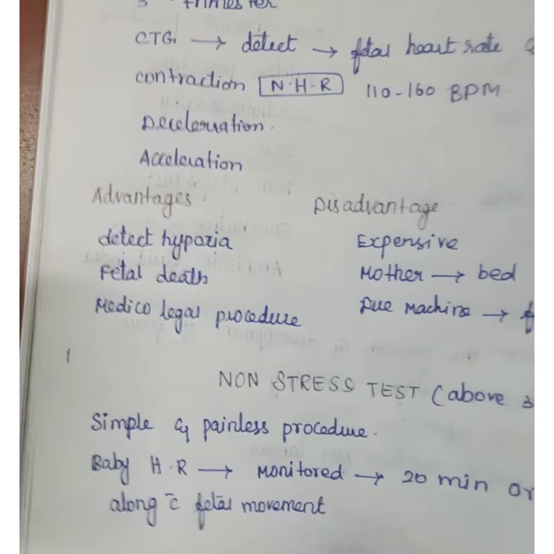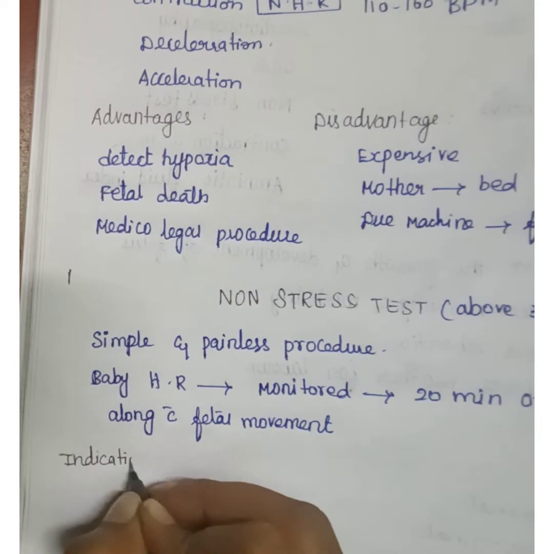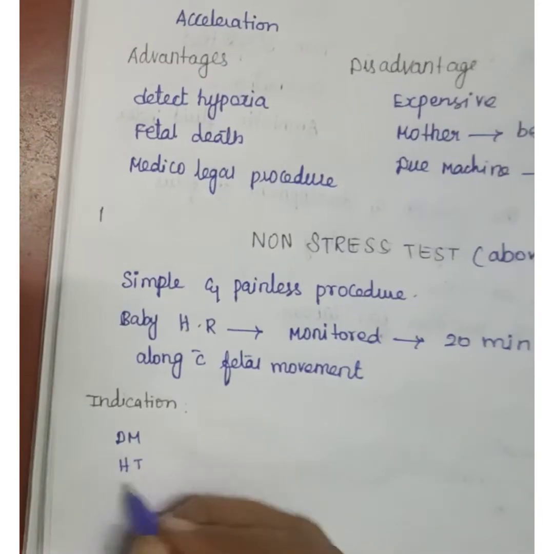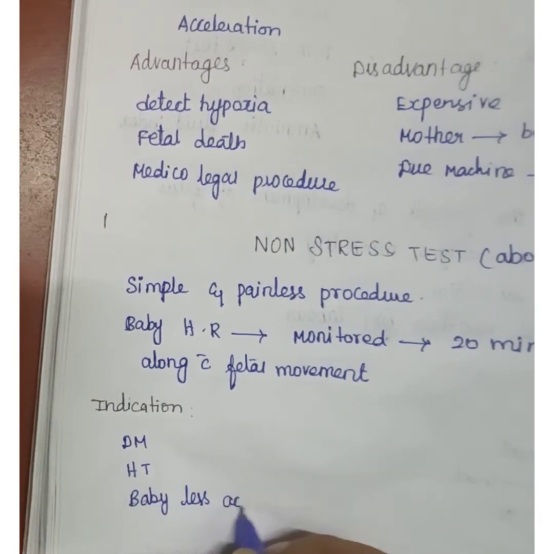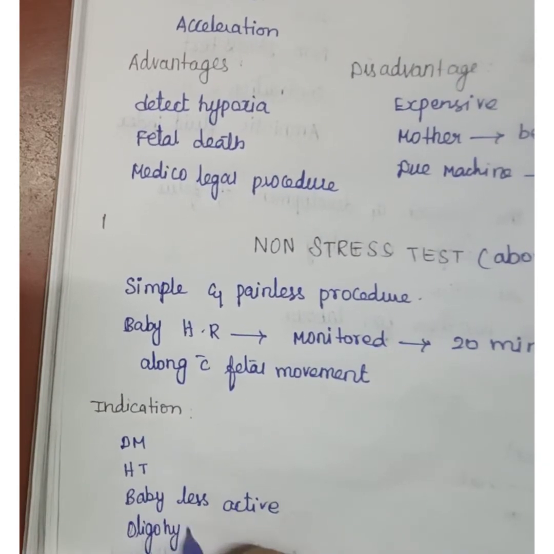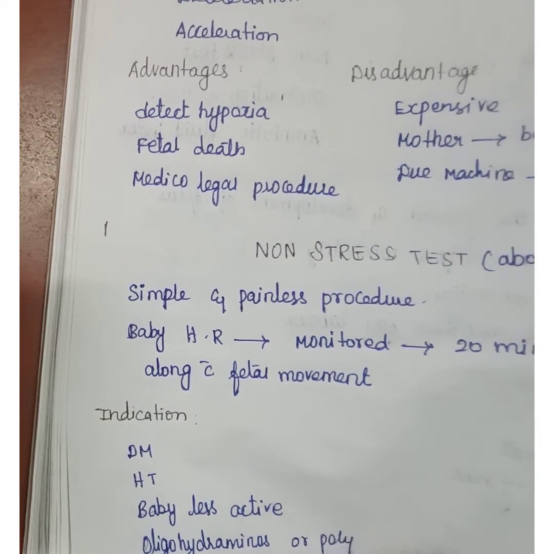Let's see the indications: if the mother has DM, hypertension, if the baby is less active, and oligohydramnios or polyhydramnios.